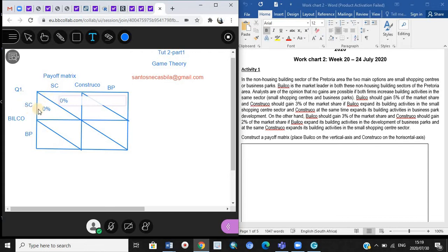Attention: everything down the side of the matrix belongs to Bilko, and the top belongs to Constructor.